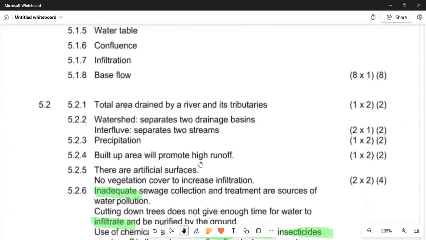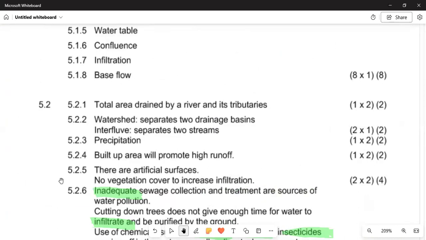And the reasons are that there are artificial surfaces, there is no vegetation cover to increase infiltration. I hope that is very well presented to you.